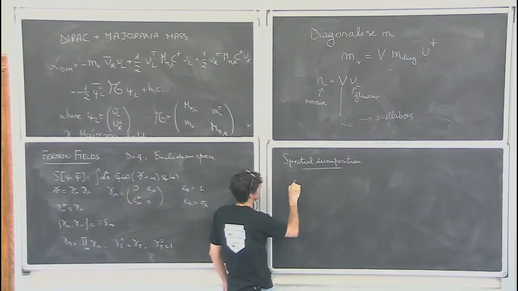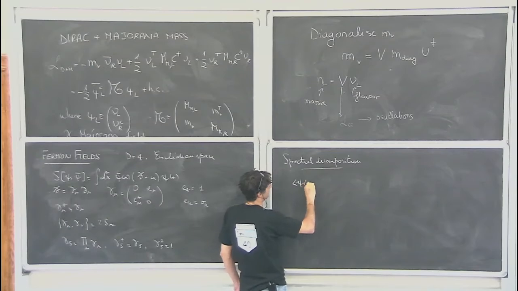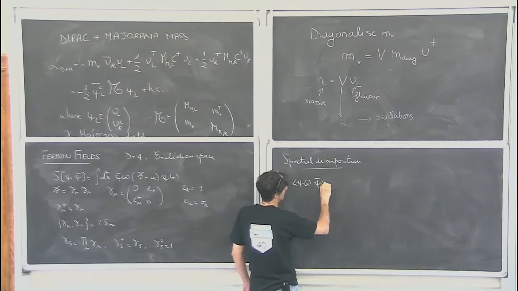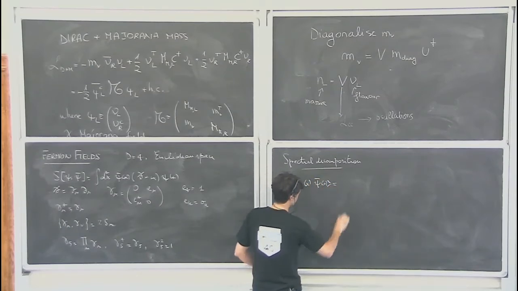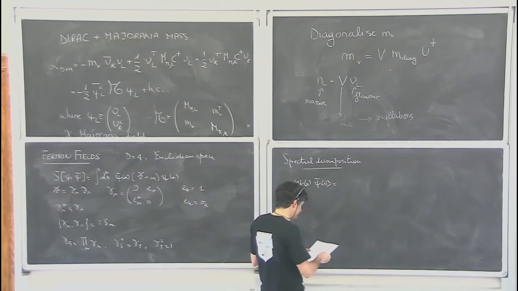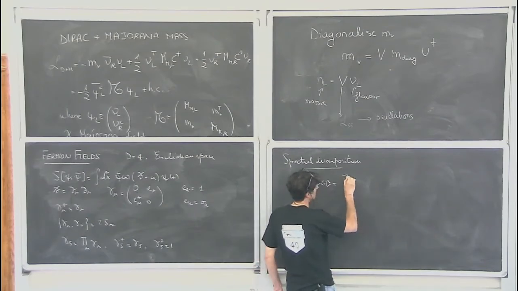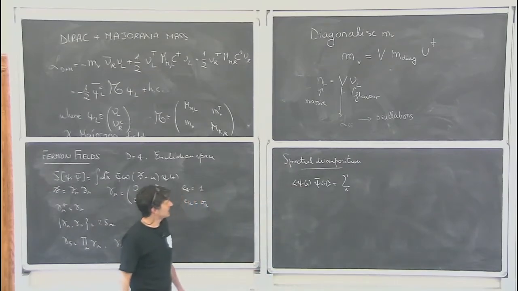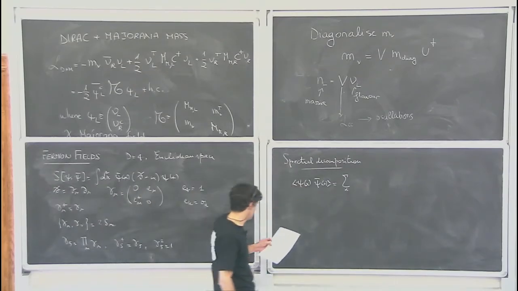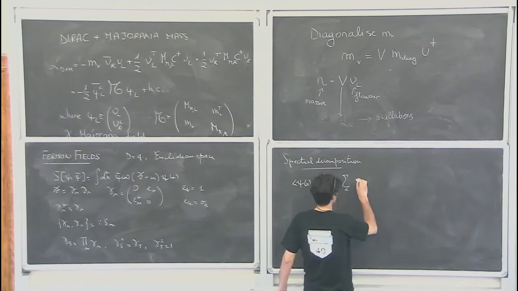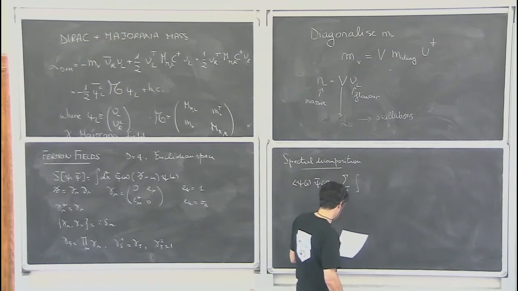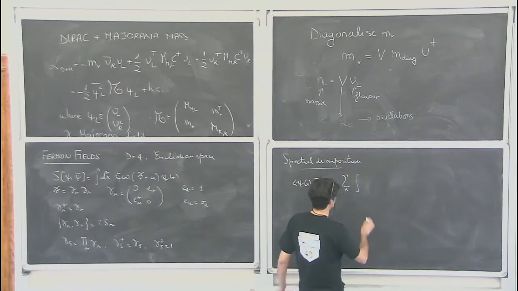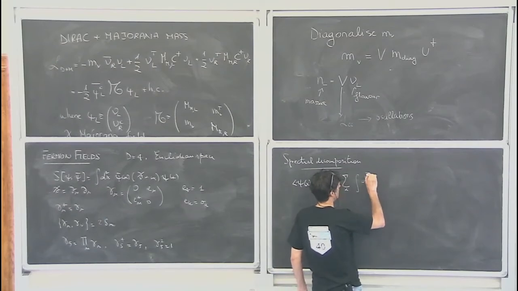So if we compute a correlator psi of x, psi bar of 0, in Euclidean space, there is a contribution to this correlator from every physical state, and the spectral decomposition looks exactly like the one we discussed for the case of the scalars.